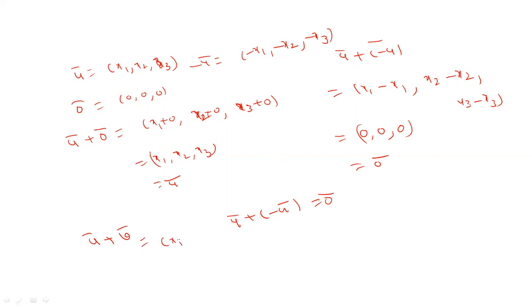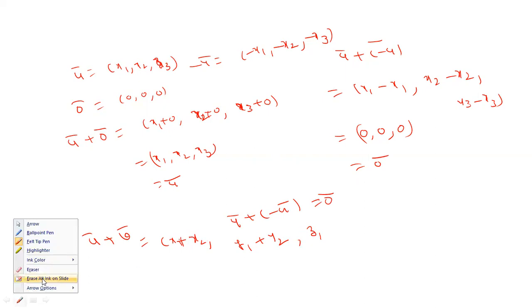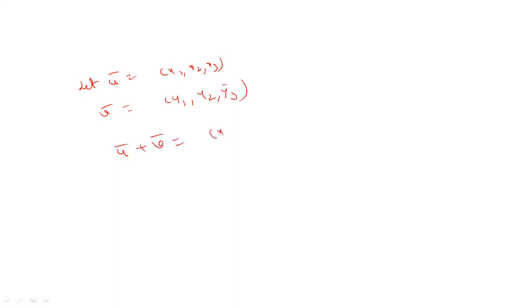Next, commutative property. Let u bar is equal to (x1, x2, x3), and v bar is equal to (y1, y2, y3). u bar plus v bar is equal to (x1 plus y1, x2 plus y2, x3 plus y3).